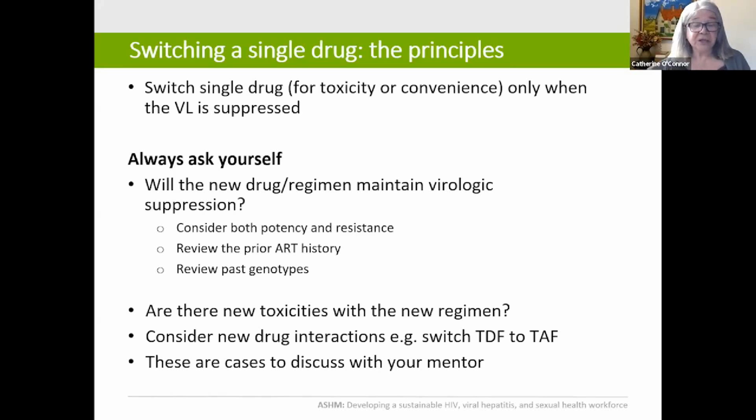Will there be any new toxicities with his new regime? So with this patient, you'd be very mindful to look very closely at renal toxicities because of his chronic renal failure. And will there be any new drug interactions that there weren't when he was on the old medication?